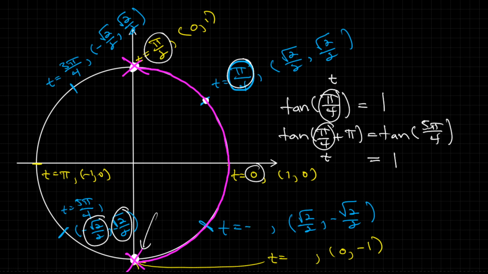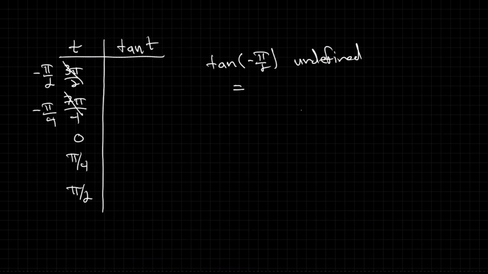So negative pi over 4 and t equals minus pi over 2. And at minus pi over 2, we do the y coordinate, which is negative 1, divided by the x coordinate, which is 0. So negative 1 divided by 0, which is undefined.